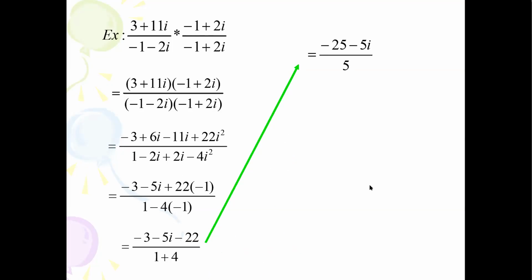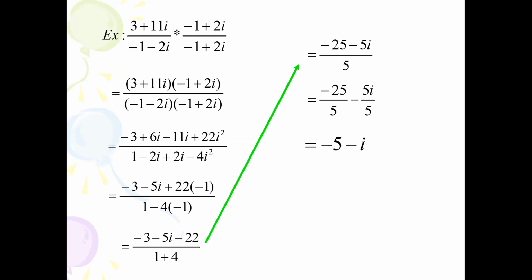It looks like that, and you can simplify it looking like this, right? So notice you don't have a complex number anymore in the denominator. You have a very simple form, right? -5 minus i. Not all of them will turn out like that.